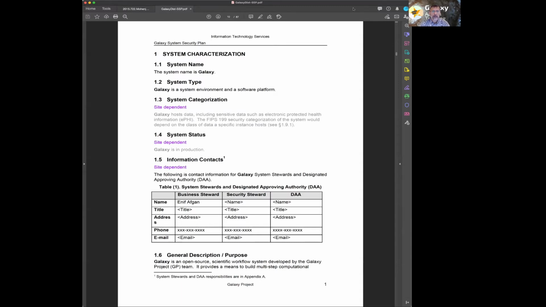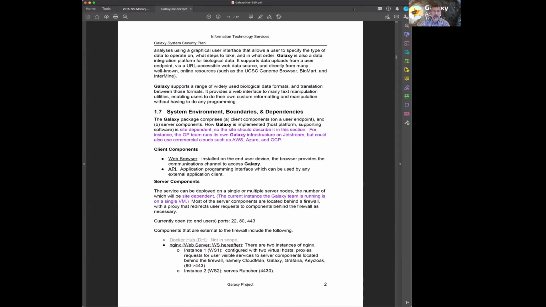So it talks about the system name, for example, what type of system it is, a categorization of system, and I talked about that as part of the RMF, and whether the system is in production, etc. Talks about the contacts, who are the people responsible for the system. This is always an important section in any security document.